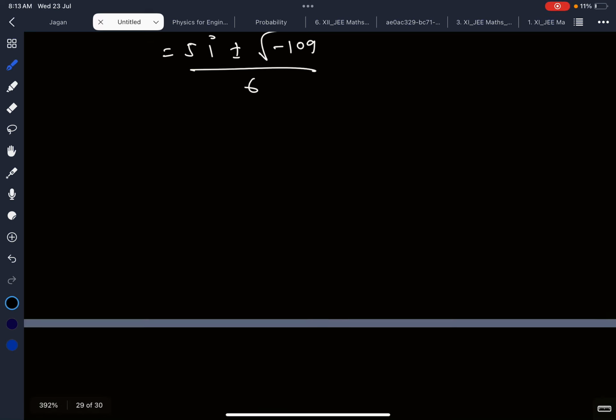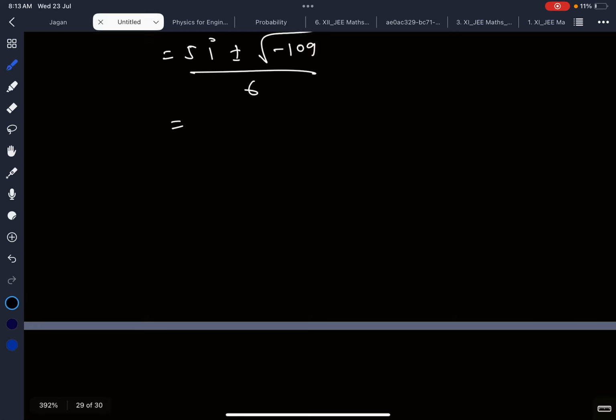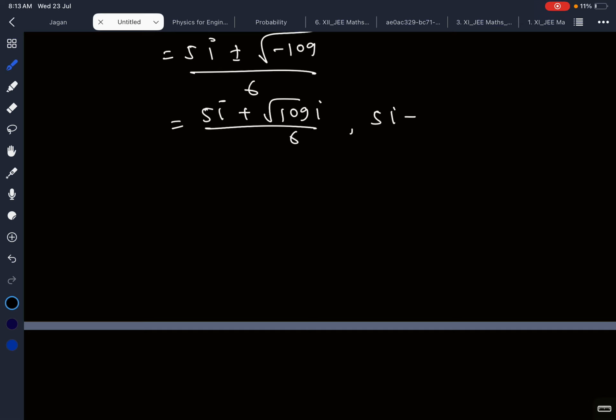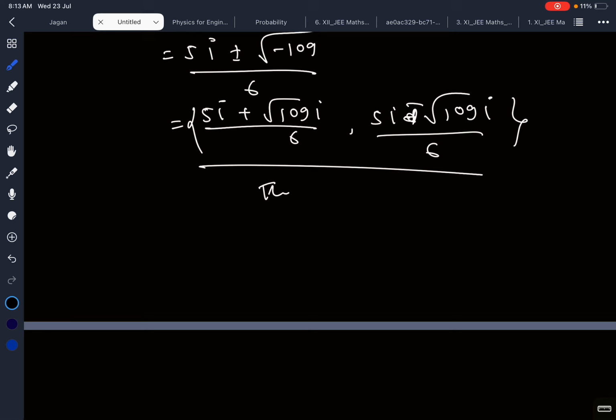So we have one root as 5 iota plus 109 iota divided by 6, and the other as 5 iota minus 109 iota divided by 6. These are the two roots, and it is clearly visible that these roots are not a conjugate pair.